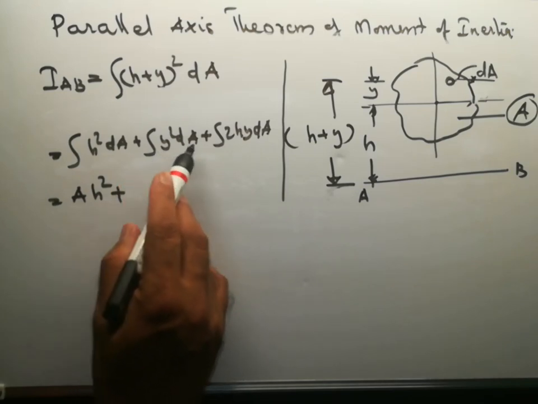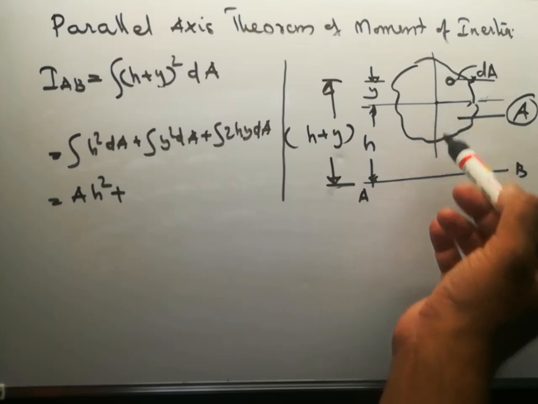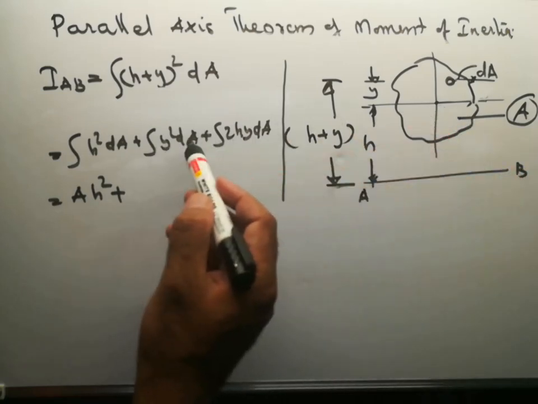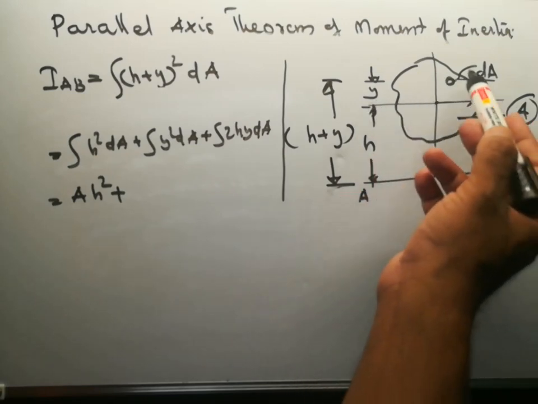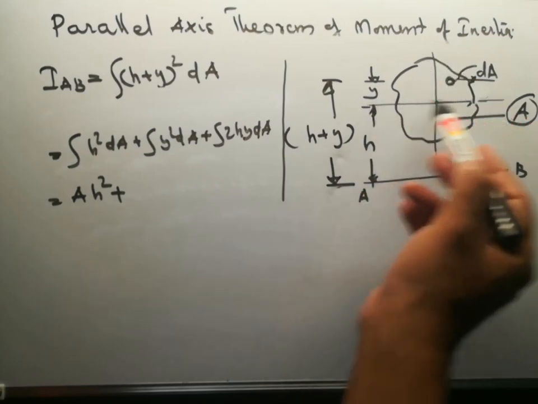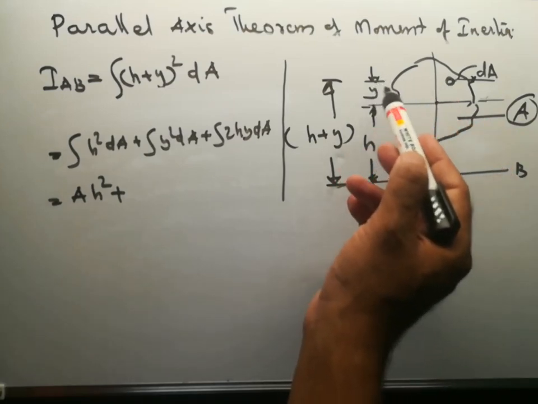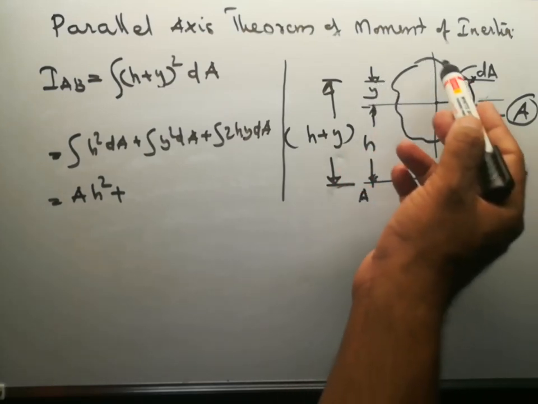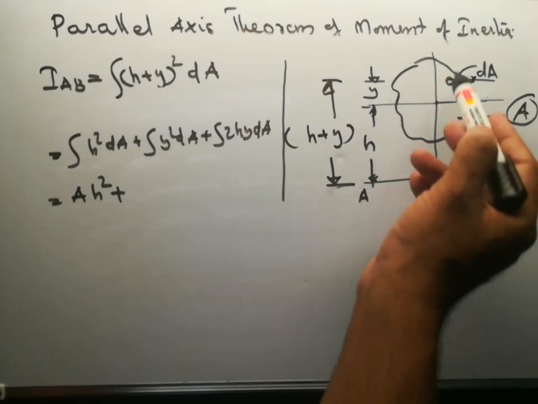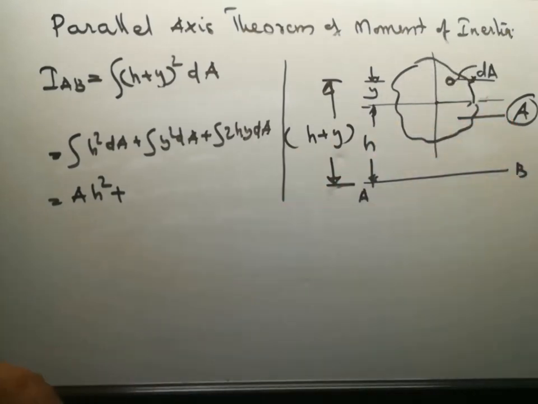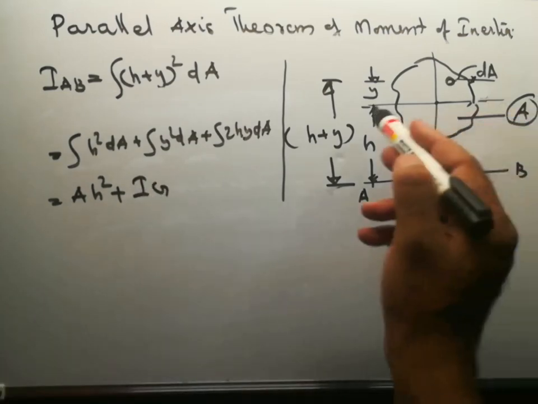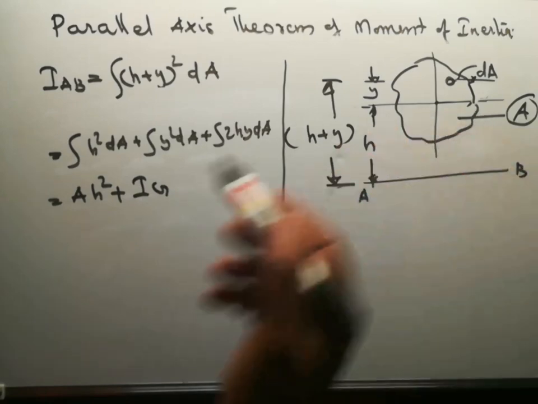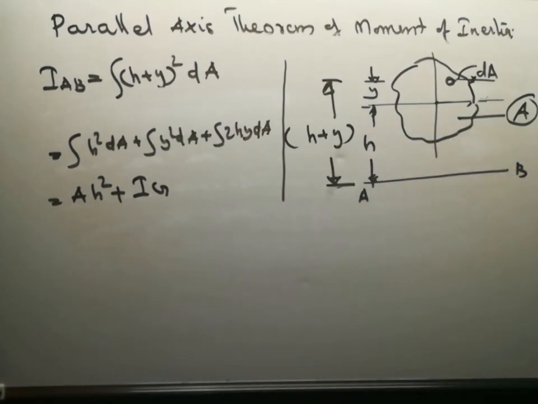y square dA. What will be integral y square dA? It is the moment of inertia of the whole area about its centroidal axis. So if you consider the vertical distances of all the elements of this area, it will be IG, or in this case we can consider it as Ixx, the moment of inertia of this area about one of its centroidal axes.